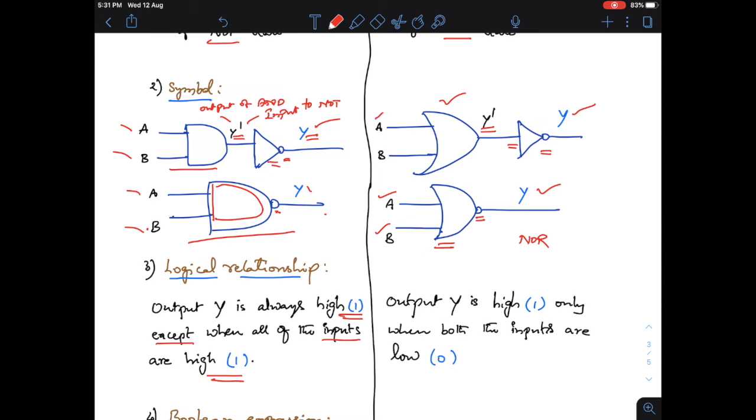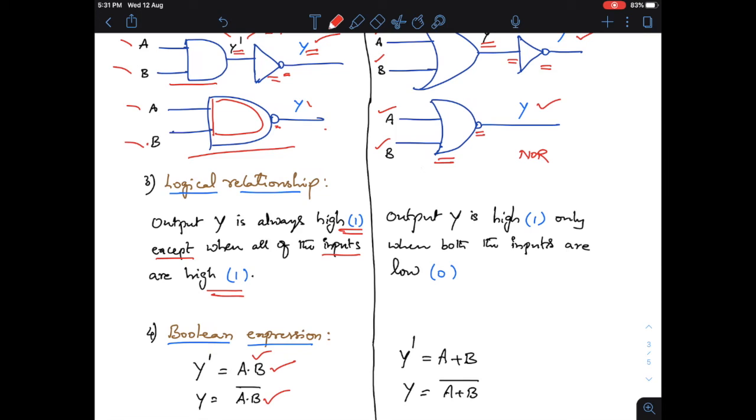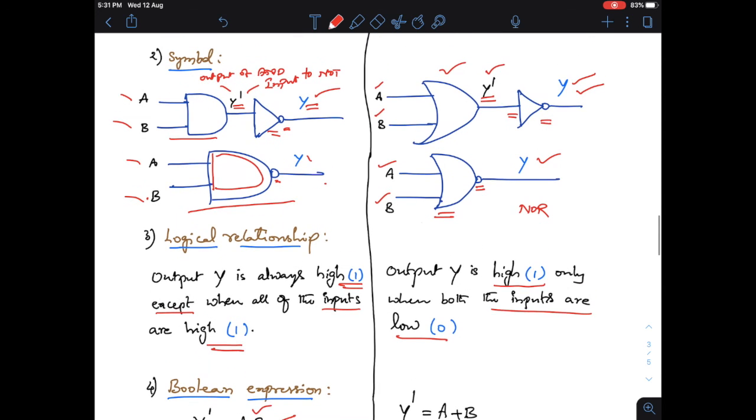Y dash is output of OR gate, which becomes the input of NOT gate, and therefore Y is the output of NOR gate. Now, what is the logical relationship? Output Y is high only when both the inputs are low.